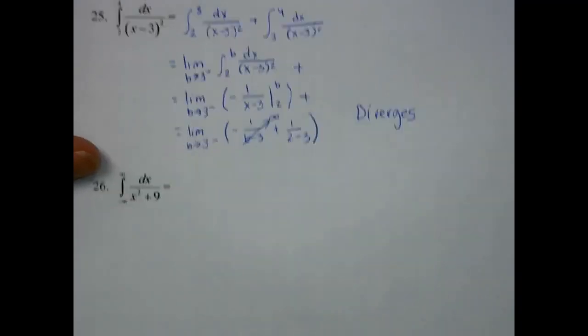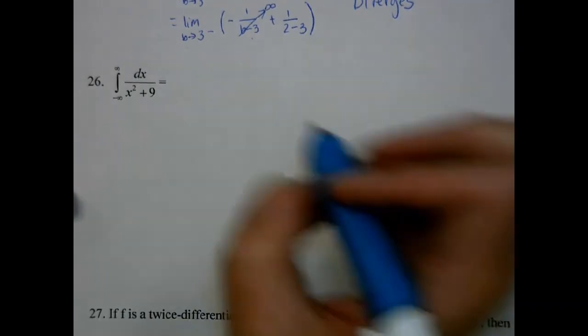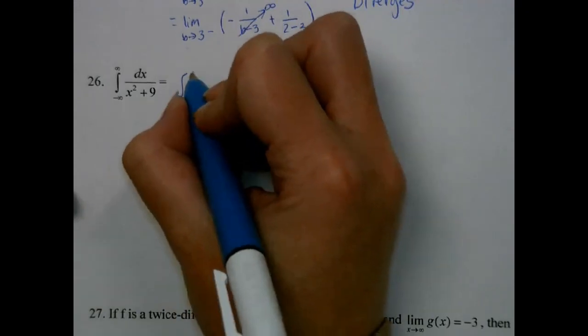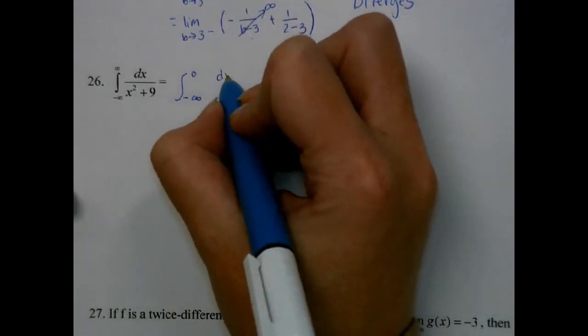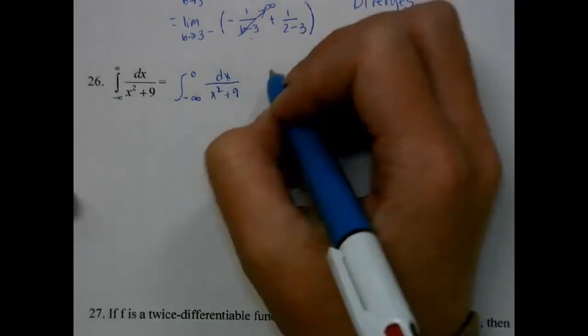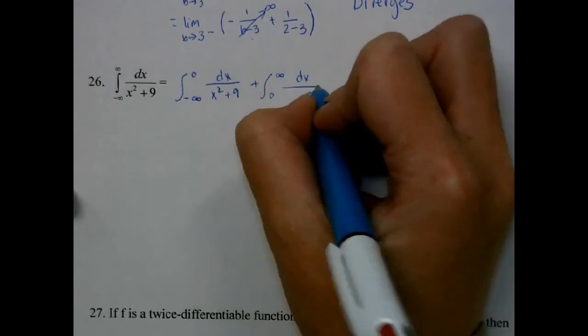Okay, we'll do one more of these. So first I'm going to split this up from negative infinity to 0 of dx over x squared plus 9, plus the integral from 0 to infinity of dx over x squared plus 9.